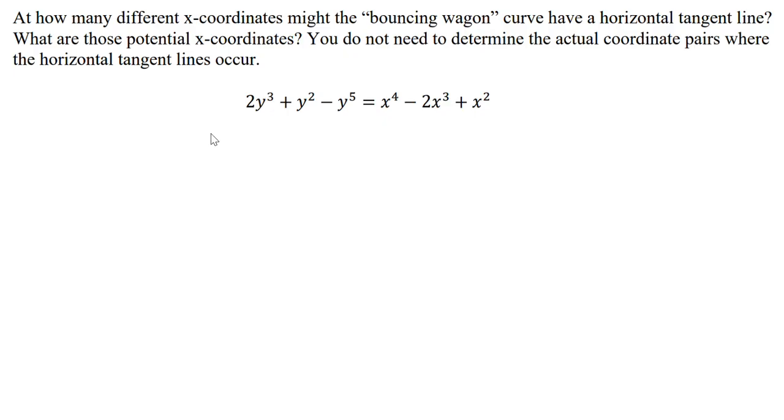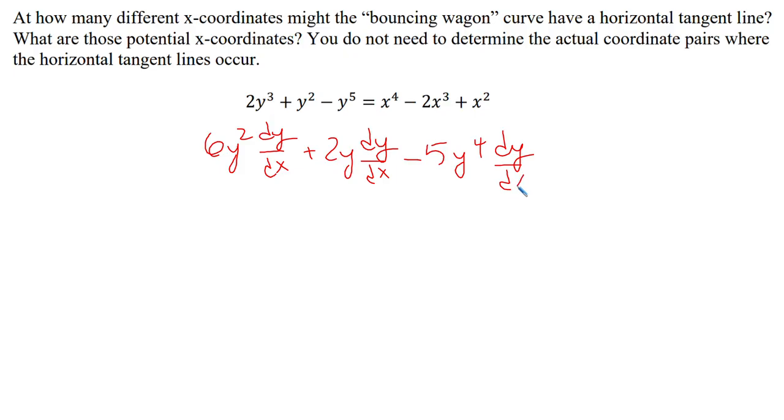So that's going to give us 6y squared dy/dx plus 2y dy/dx minus 5y to the fourth dy/dx is equal to 4x cubed minus 6x squared plus 2x, all just a bunch of power rule derivatives.